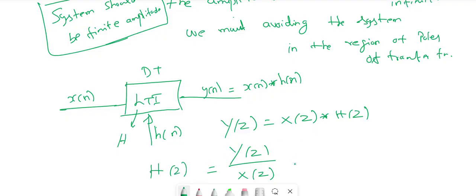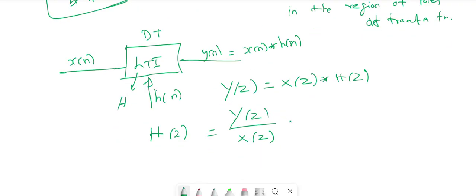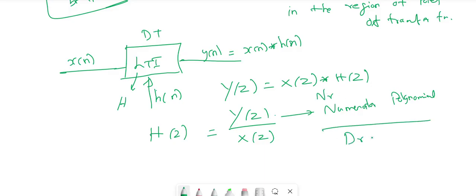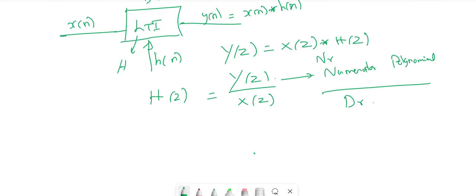H(z) is a rational function. Y(z) by X(z) is the numerator polynomial coefficients divided by the denominator polynomial coefficients of the system. The roots of the numerator polynomial of the system are called the zeros of the system.